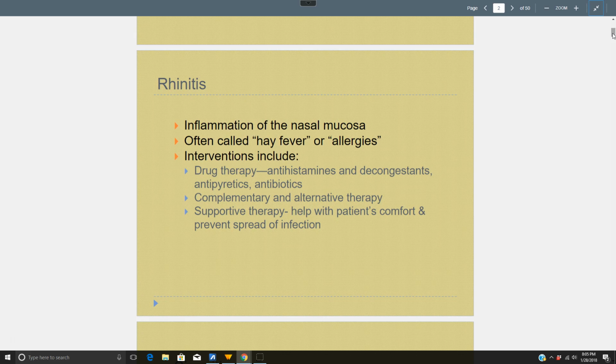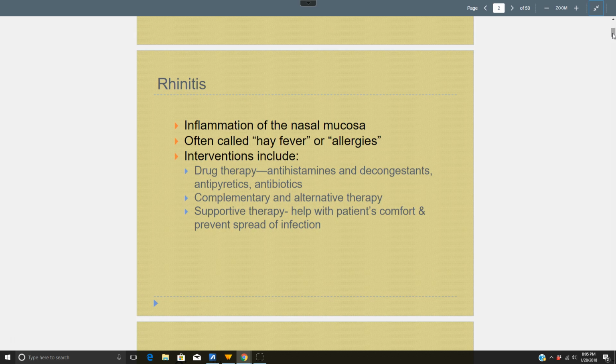These are some of the drugs over the counter that we may see used, some of the antihistamines and decongestants, antipyretics, and antibiotics. Remember, it's an infection. Many of these are viral, so we may give antibiotics just so we don't see someone develop a superimposed infection.